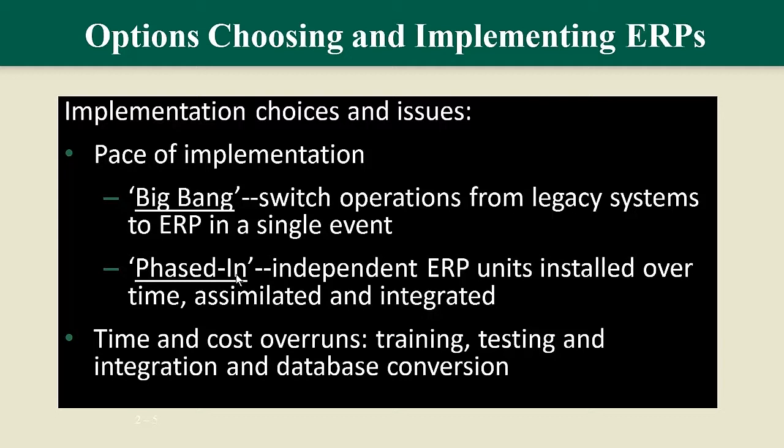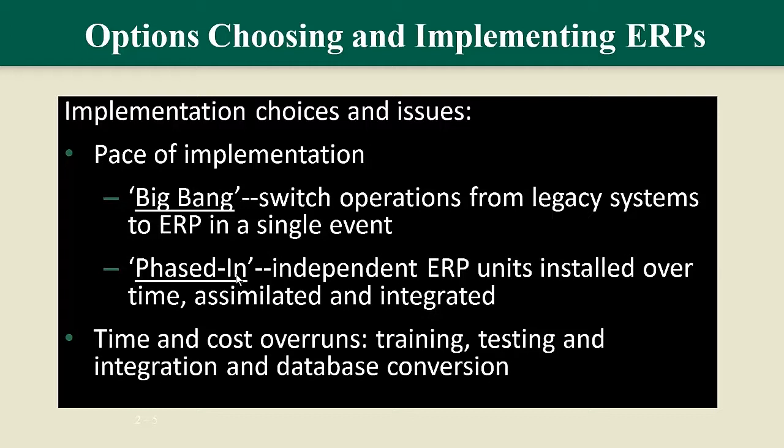Big Bang is quicker, but it's riskier. If something goes wrong with your ERP system, your entire company may shut down. Phased in takes longer, but it's less risky for the same reason. If you only have one ERP module running and it doesn't work correctly, you're probably not going to have to shut down the entire business.